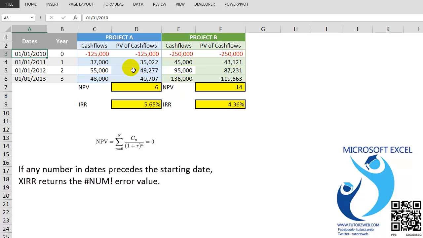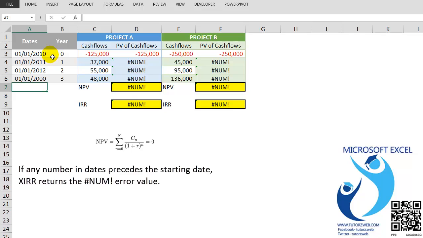The third point to be noted is, if any number in the dates precedes the starting date, then XIRR will return a #NUM error. So if here I change the date to 2000, which precedes my starting date of 2010, I'm getting an error here.